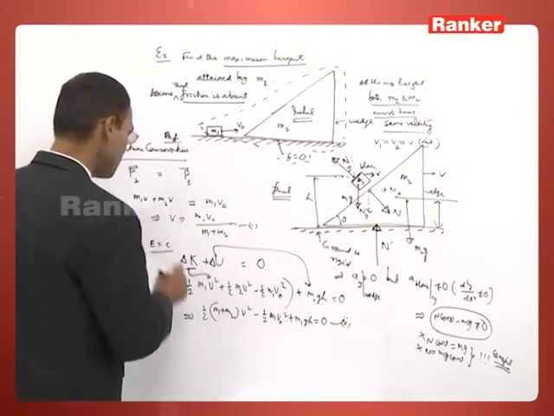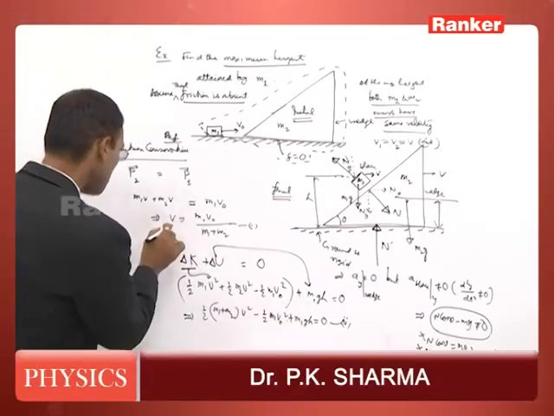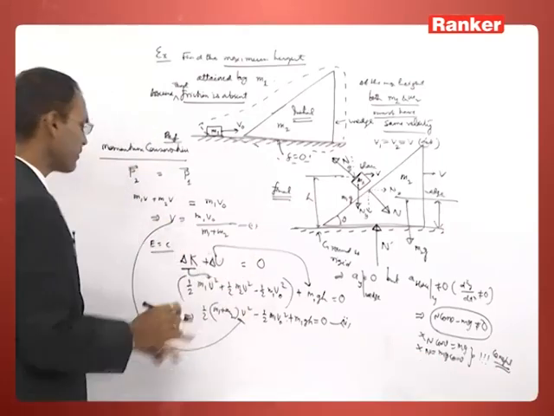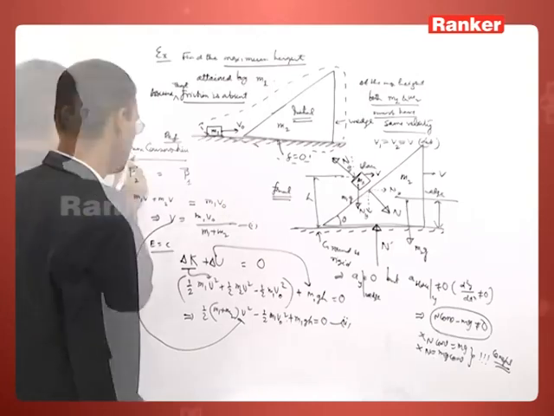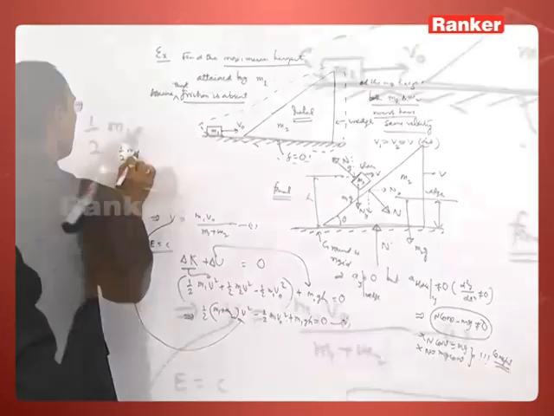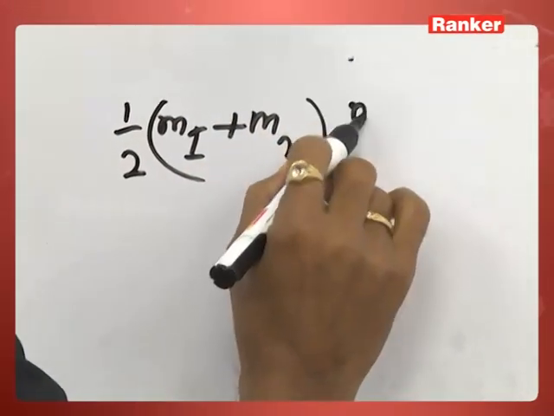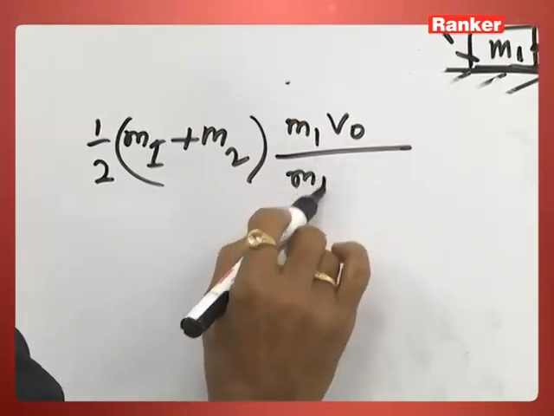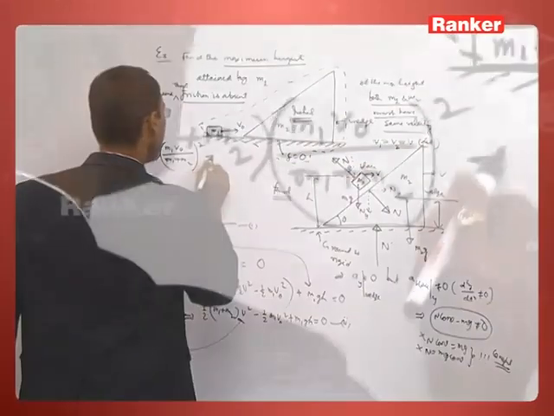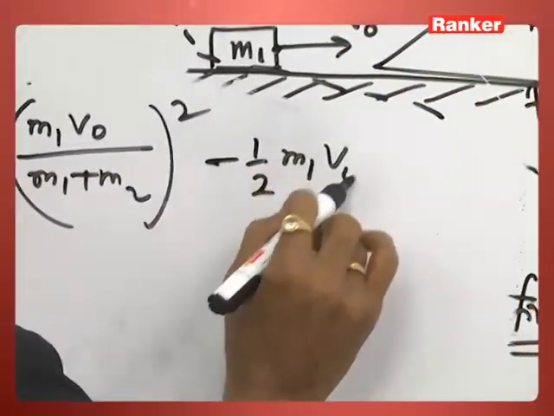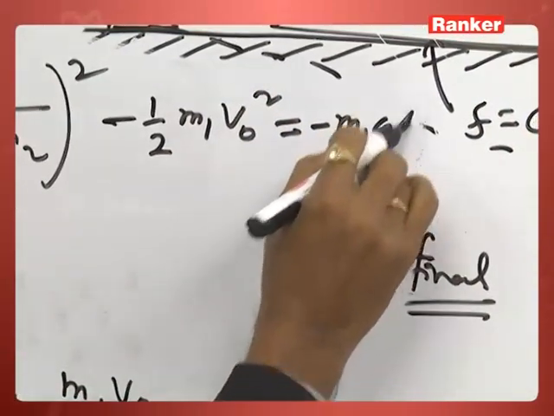Now we have two equations and two unknown quantities, v and h. Now you substitute v from equation 1 in equation 2 to obtain half (m1 plus m2) into the square of m1v0 by (m1 plus m2), minus half m1v0 square, that's equal to minus m1gh.